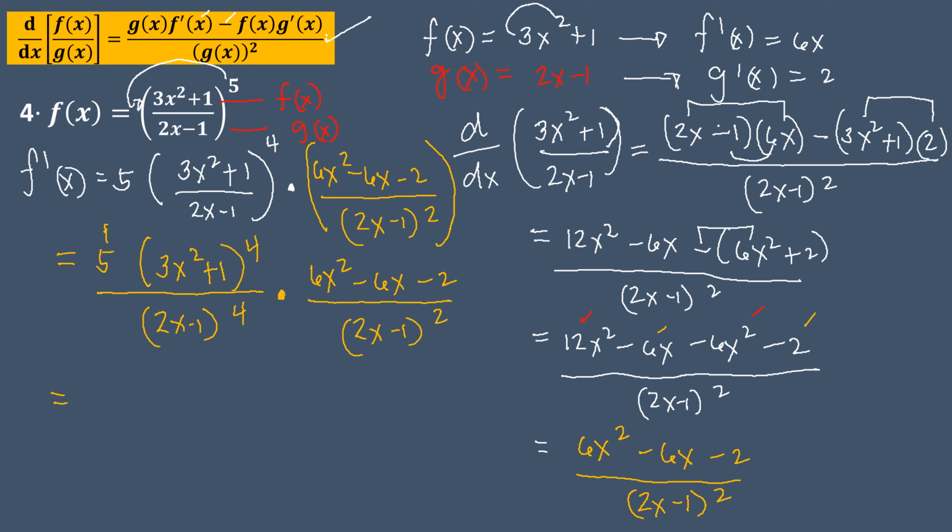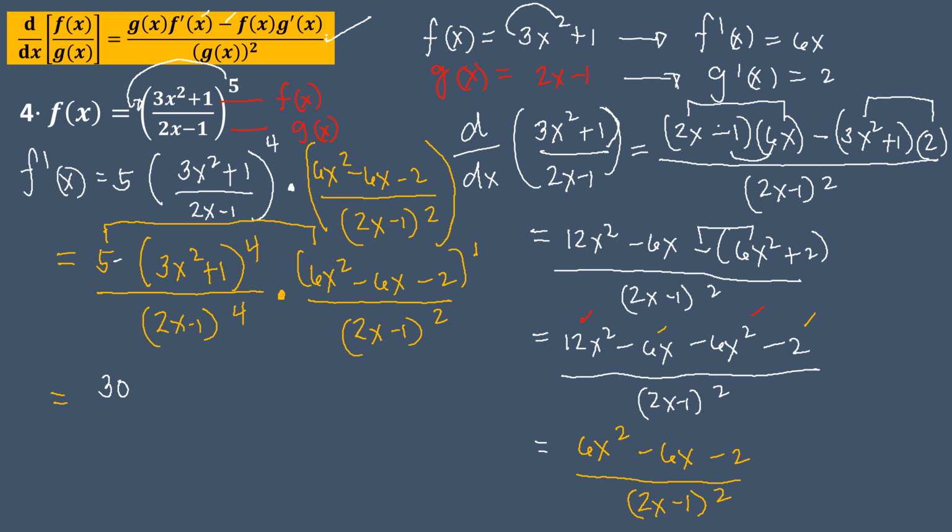As you have seen, we can distribute the 5 in here. That's it. Remember that we cannot distribute the 5 in the other factor because it has the power of 4, but instead, this one has an understood power of 1. So to simplify this further, we can now multiply the 5 and the 6x^2.